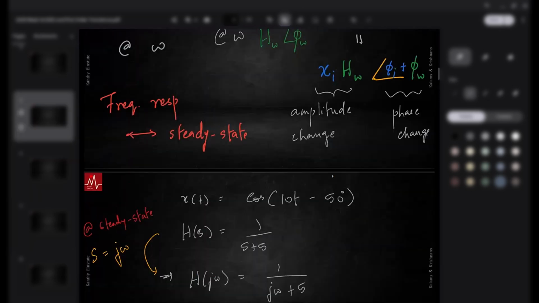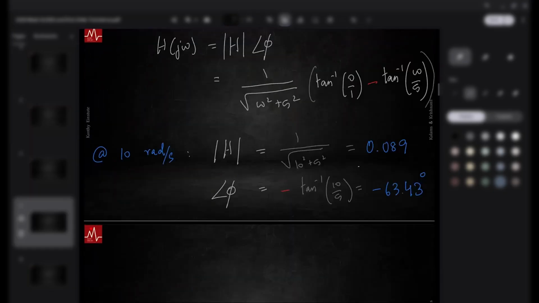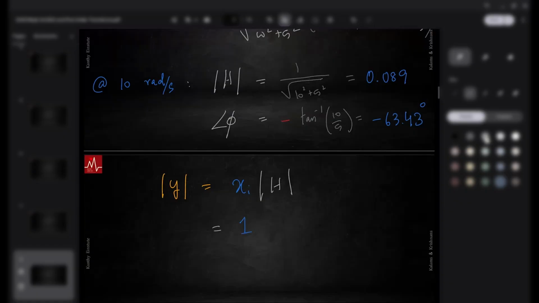So your output y is going to be the input amplitude multiplied by H. Specifically, the input amplitude is 1, and the gain here is 0.089.